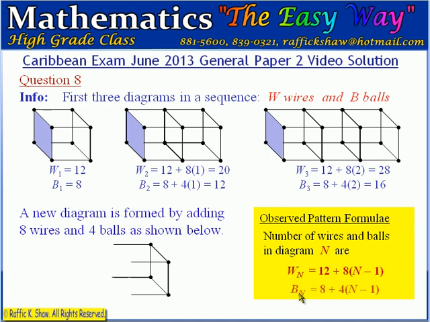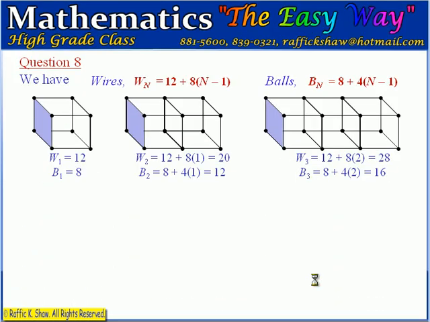And then the number of balls in diagram N would be 8 plus 4 times n minus 1. We are multiplying by 1 less than the diagram number. And so this is our observed pattern that we can use going forward. Alright, now we need to draw the fourth diagram.